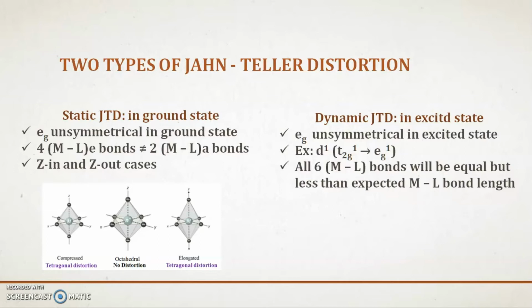These three processes will go on alternately, and at a given time it will only be an average of all three. That means all the 6 bonds will be equal, and it will be less than the expected metal ligand bond length. That is how dynamic Jahn-Teller distortion can be identified.